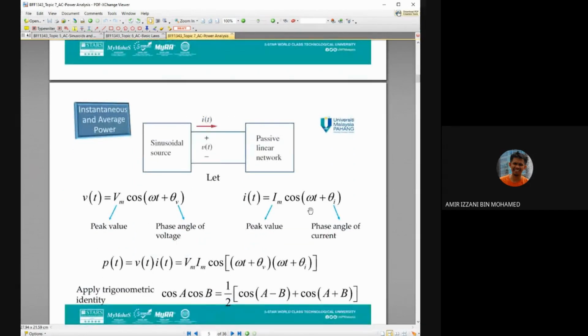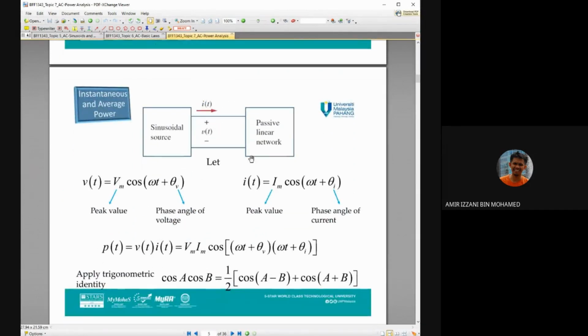Okay, let's take a look. Let's say we have this system. We have a source here on the left, a sinusoidal source with v(t) and i(t), and a passive linear network on the right side, which is the load.